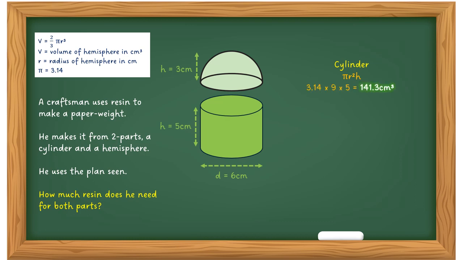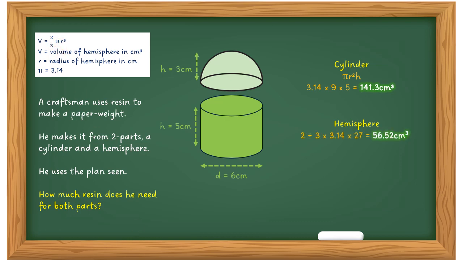You put it into your calculator once you've converted that formula into numbers, type it in, and you can see the answer is 141.3 centimeters cubed. Now that leaves us with the hemisphere. So how do we calculate that? Well, we use the information they give us. If you remember your BODMAS rules, all that means is 2 divided by 3 multiplied by pi multiplied by radius cubed.